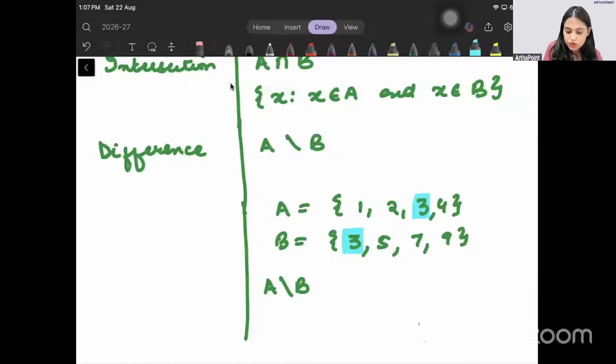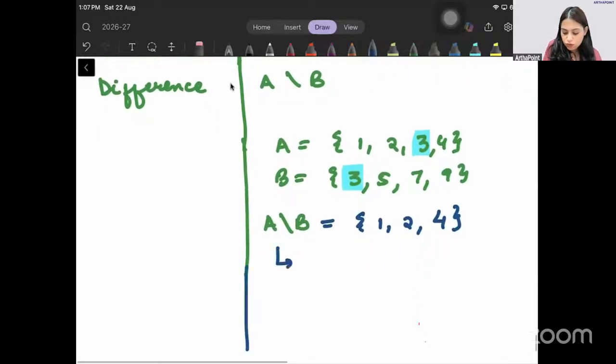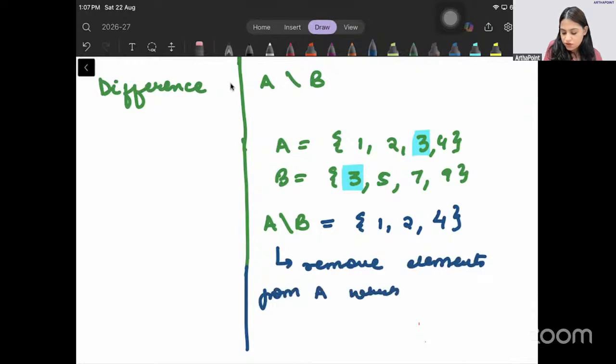This 3. So A minus B means {1, 2, 4}. Remove elements from A which are also present in B.